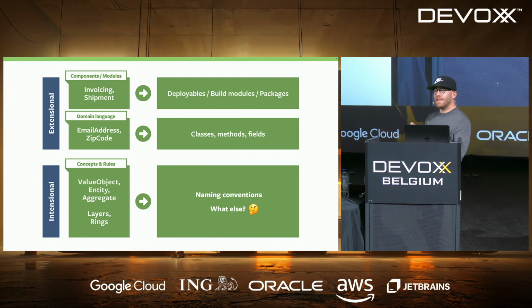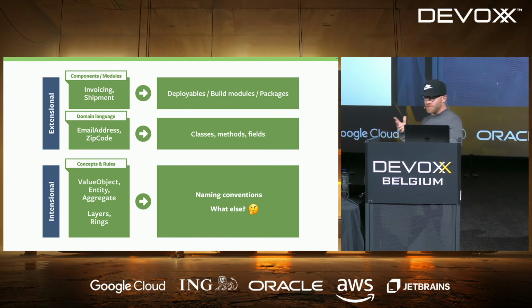But that is at odds to some degree with our intent from the domain language to keep that as pure as possible, right? We don't necessarily want to augment our terminology with these technical artifacts, right? It gets even more complicated with higher-level abstractions like layers and rings, because how do you define a layer in a code base? Packages, anyone? Don't. I'm going to come back to that later, right?